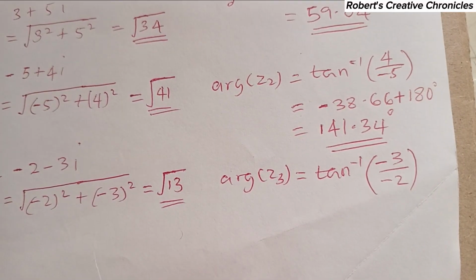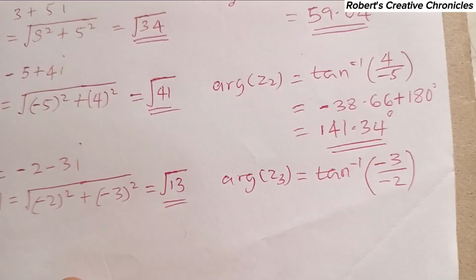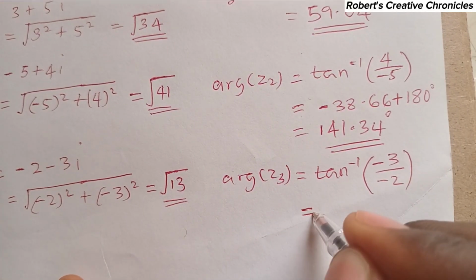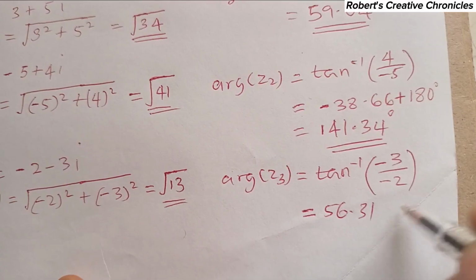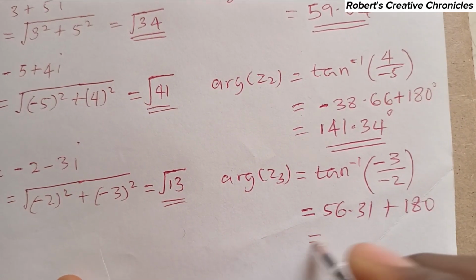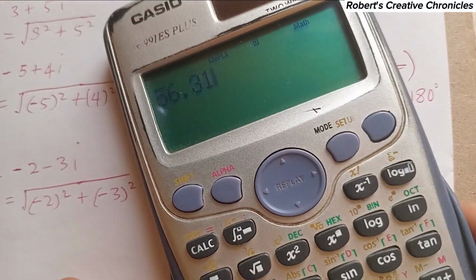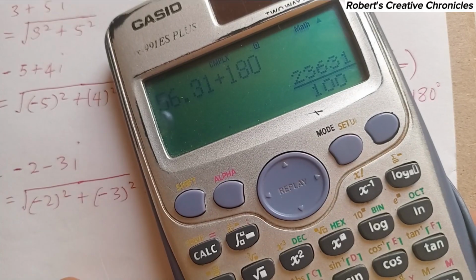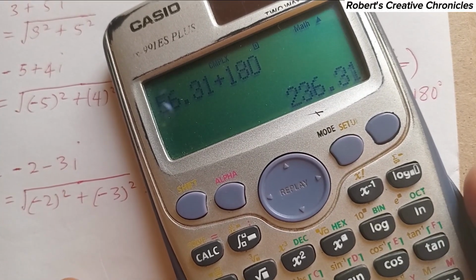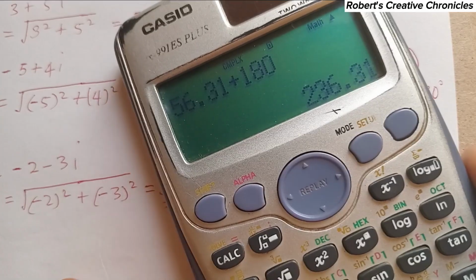So here, this is 56.31. 56.31 plus 180 is 236.31.